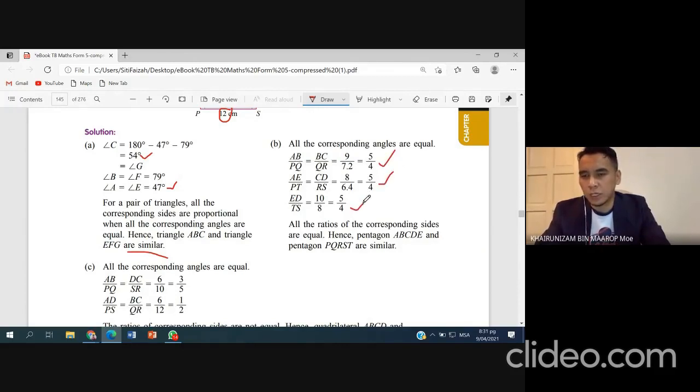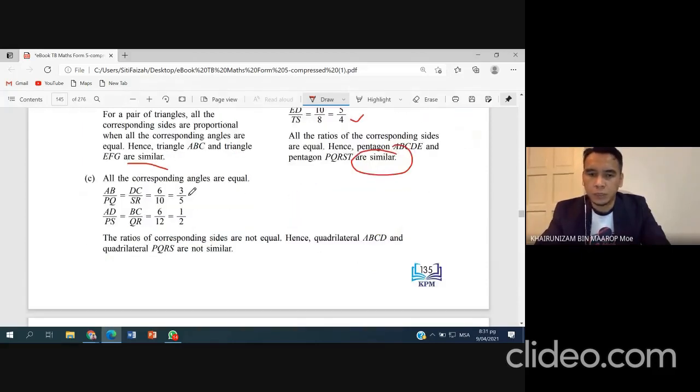This is 1.25, so this is a similar object. And then for D, we got a different ratio, so not similar for that object. Okay, get it?